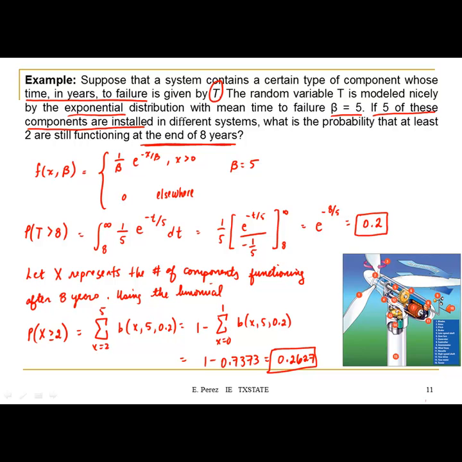And then once we found that probability, now we are interested in knowing the reliability of the system. We know that we have 5 components. What is the probability of having at least 2 of them working after 8 years? Use the binomial. Any questions? Okay.